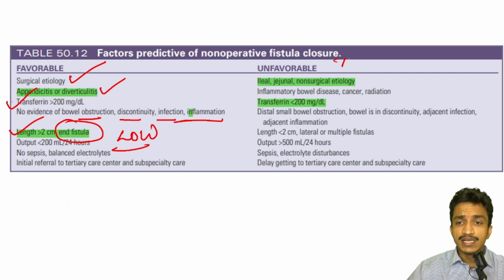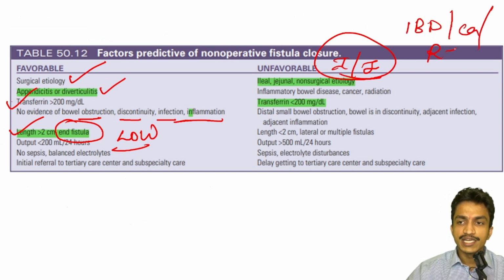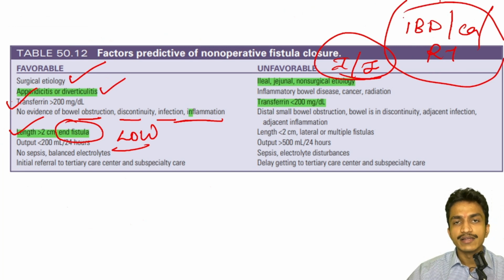If it is an ileal or a jejunal fistula, then it is an unfavorable factor. If it is associated with IBD or cancer or post-radiation therapy, then all these become very high risk for failure of fistula closure, because it is associated with bowel inflammation. In that case, there is very little chance that it will close spontaneously. Again, if there is an obstruction, it will not close.